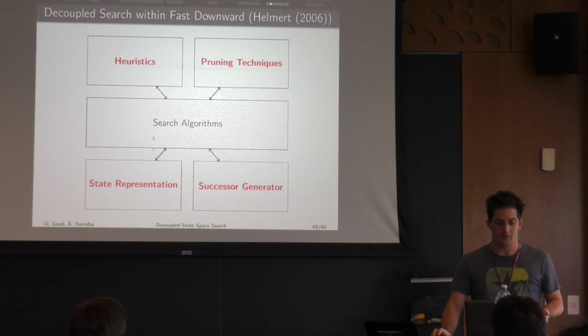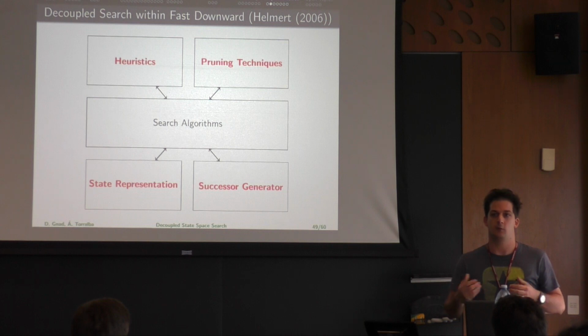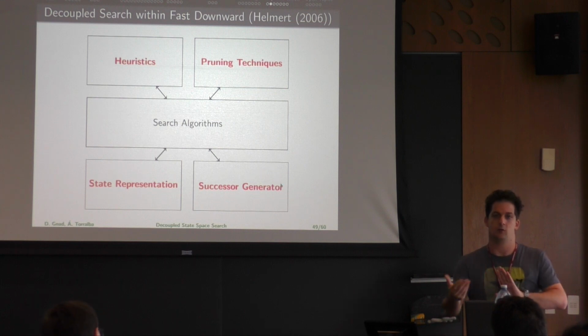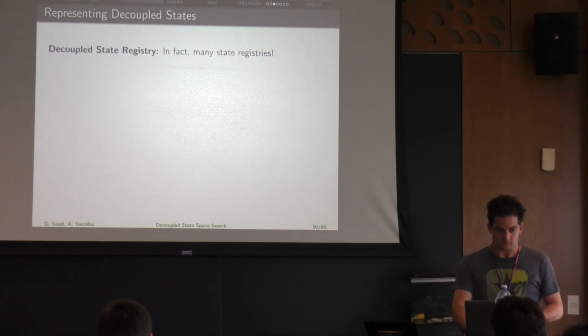Other than that, the state representation is completely different, and then it's only the endpoints really that need to know how a decoupled state looks like: the heuristics of course, like Álvaro explained, pruning techniques as well. We will mention some papers later. And the successor generator needs to know that it only outputs center actions, and furthermore it needs to check the leaf preconditions in the pricing function.